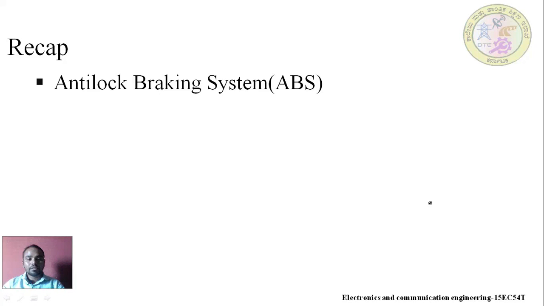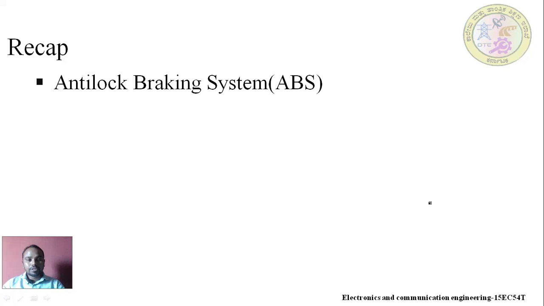Instead, it applies the brake in on-off fashion and ensures that it will not skid the vehicle from the braking point. It also helps the vehicle to stay in course and go in the defined direction. Dear students, ABS is one of the popular electronic systems.